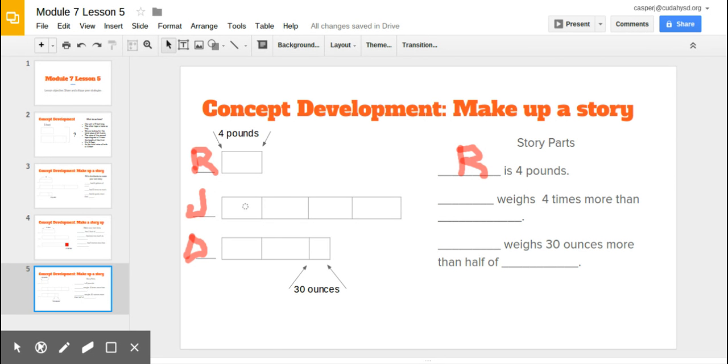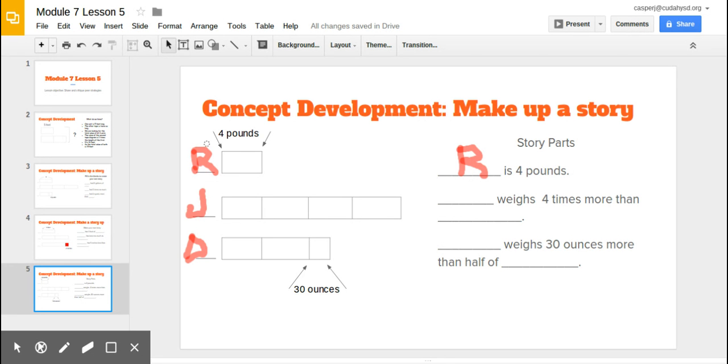Jake has 4 times more than Ron. And Dave's weighs 30 ounces more than half of Jake's. So we would just fill in our letters right here and what we want.